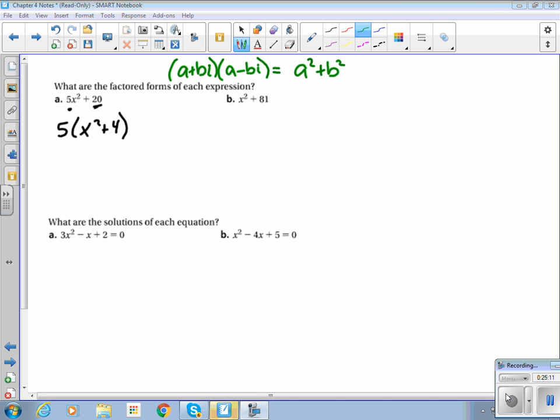So we're looking here. I factor it out, and then I have this guy here. This is a squared plus b squared. I got a 5 out in front of it. So a is equal to x, and b is equal to 2. In that scenario, I can say that this is 5 parentheses a plus bi times a minus bi.